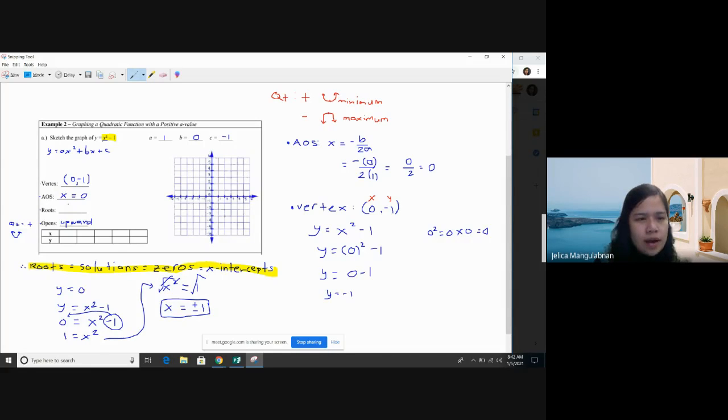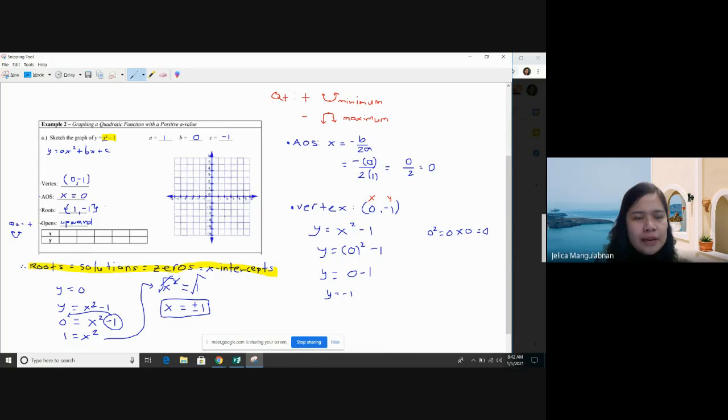So the roots are, we have two roots in here, positive 1 and negative 1. We will not use a parenthesis because this is not an ordered pair. So we're using a bracket to find the roots.